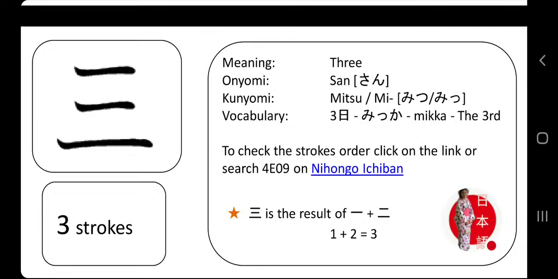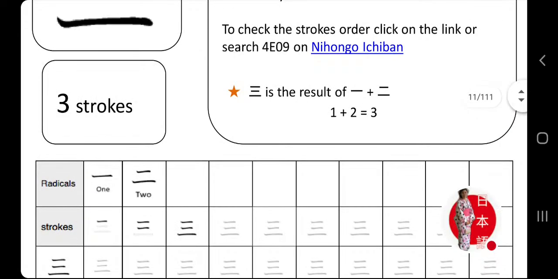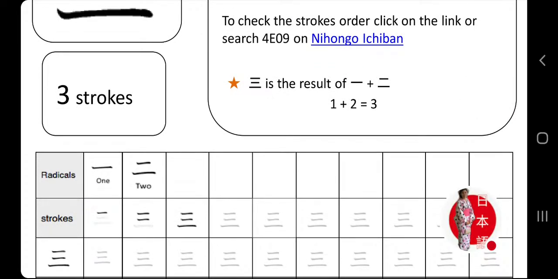And then for kunyomi, the Japanese reading, we have mitsu. We use that, for example, in the vocabulary mikka. Mikka is the third day in the calendar. The third, no? In the calendar.